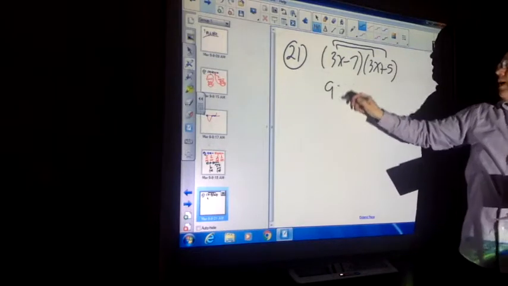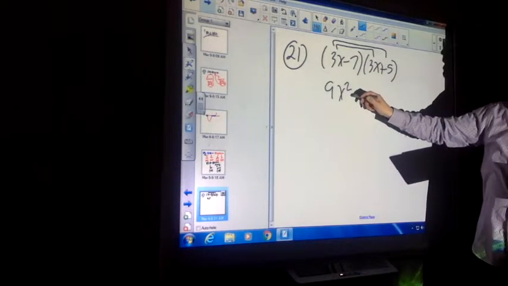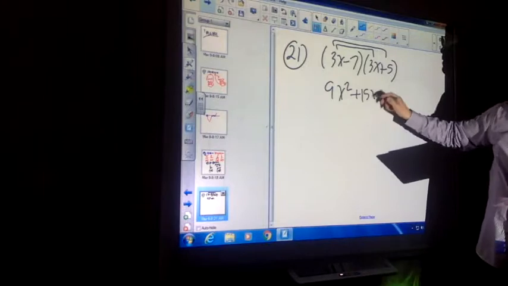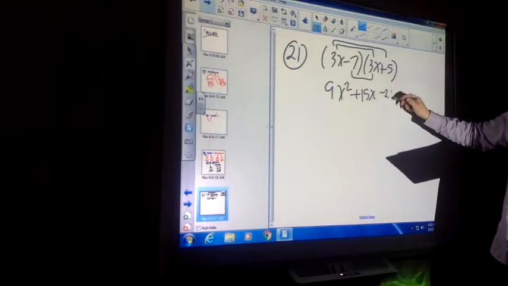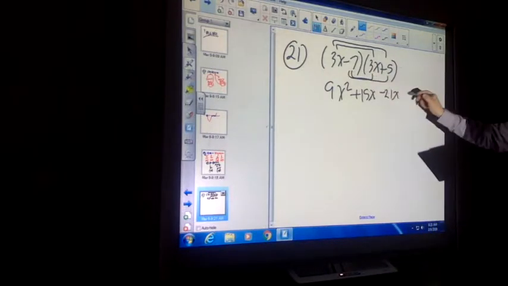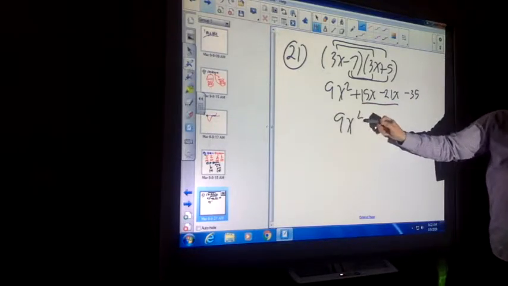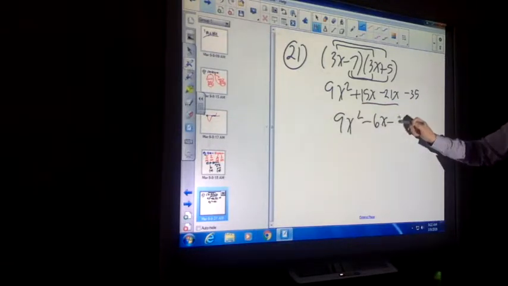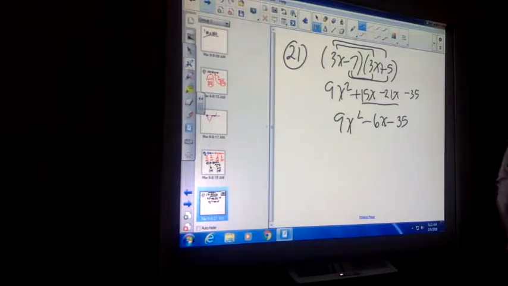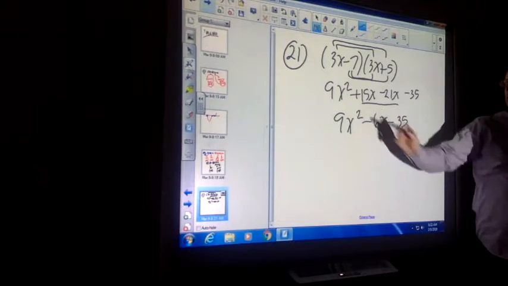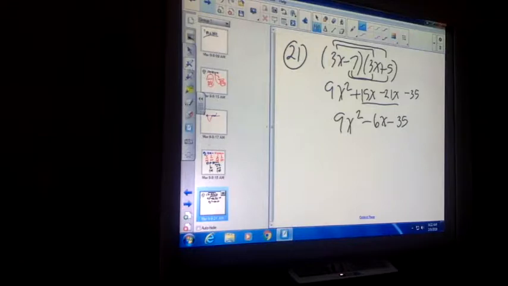So that's 9x squared plus 15x minus 21x minus 35. I do have those like terms to combine. And we get to there. Okay? That's all it is. We've done it tons of times.